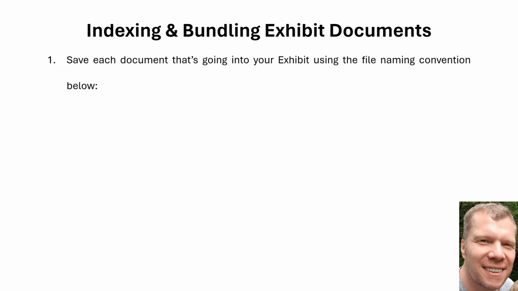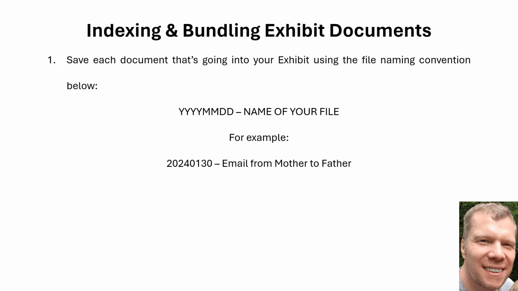So what I suggest that you do is start the file name with the year, and then the month, and then the day, and then a dash, and then the name of your file. So email between mother and father, for example. In this example here, it's 2024, 01 being January and the 30th. So you're doing that in reverse order.